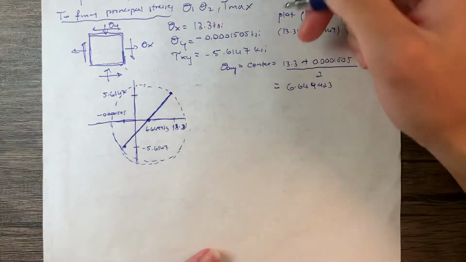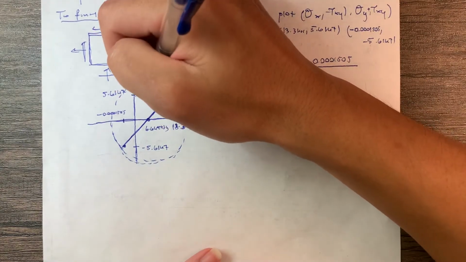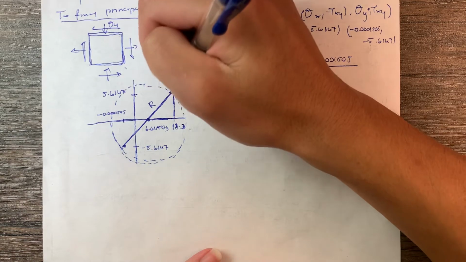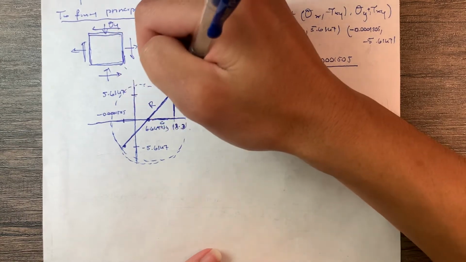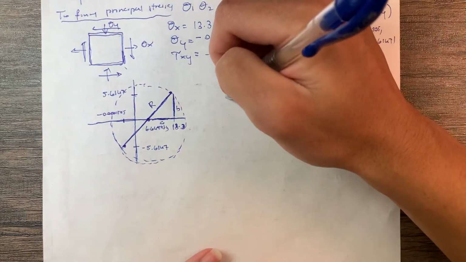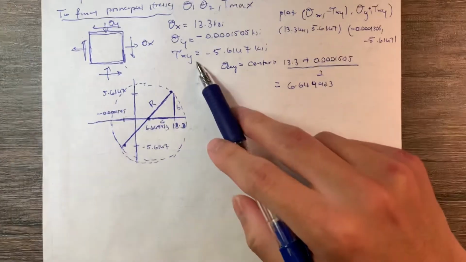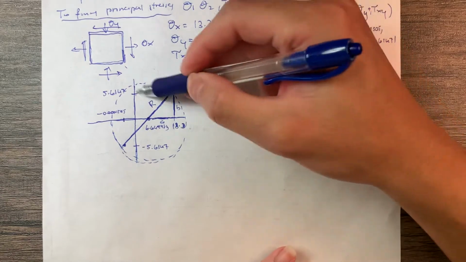Our radius r we can find using the Pythagorean theorem. We need to find distance A and distance B. Distance B is just our tau xy, this distance right here.